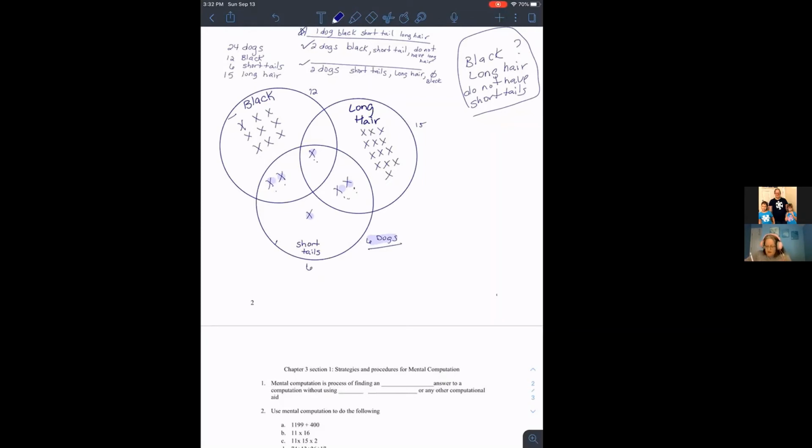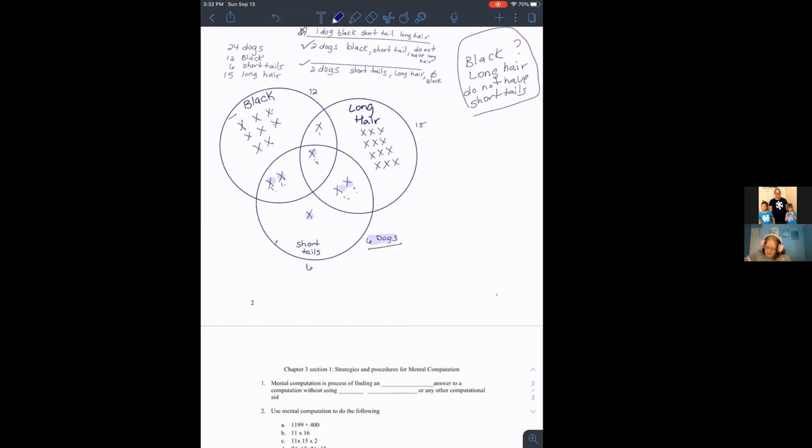Actually, so right now if you count all of the dogs, I have more than 24 dogs listed. So that would mean that some of the dogs that have black hair and have long hair are shared. So what I did is I would take one out of each side and do it as a combined. So because right now I have 1, 2, 3, 4, 5, 6, 7, 8, 9, 10, 11, 12. 12 have black hair still.